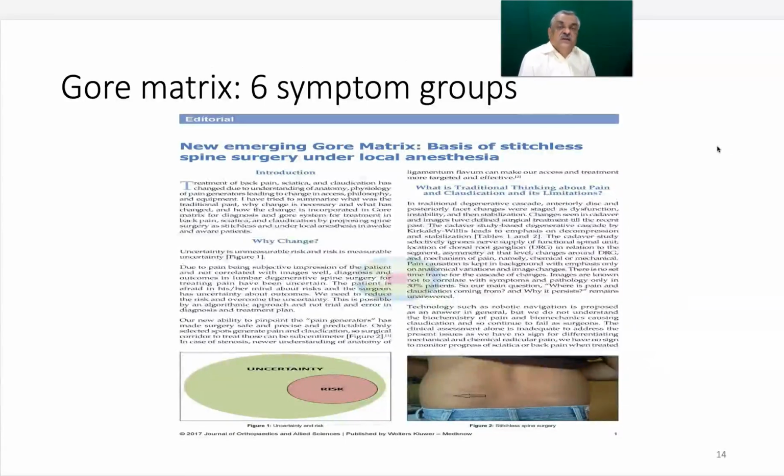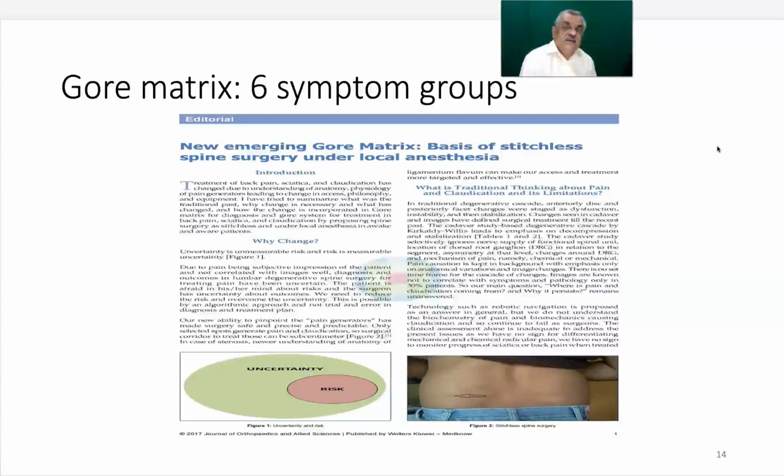Now, I have already talked about this, and I would invite you to have a look at this paper which I have published as the basis of stitchless spine surgery under local anesthesia, and it goes as my matrix, the Gorez matrix. In simple words, it's a collection of 6 symptom groups based on clinical examination.